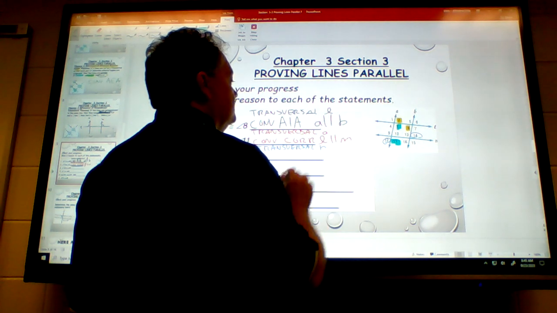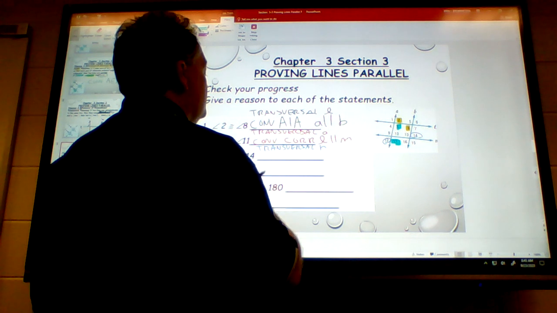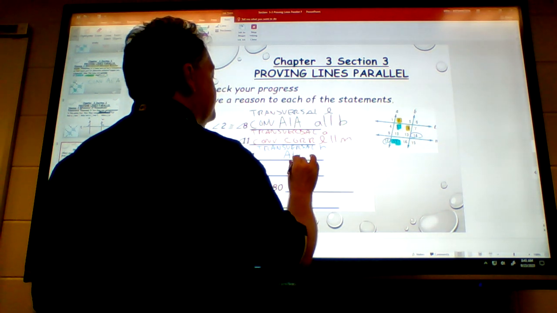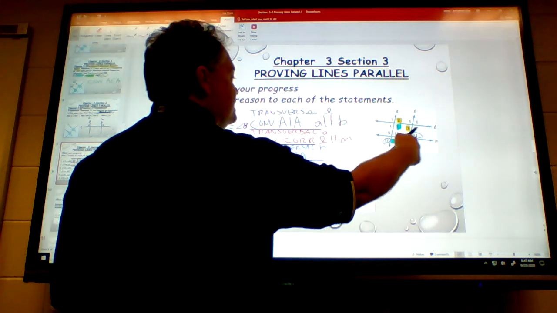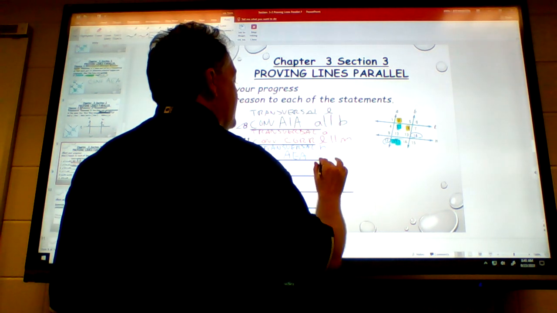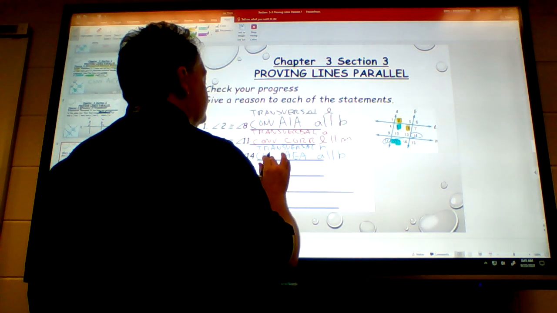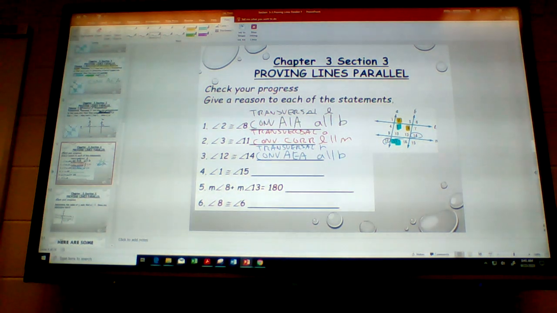And then with that, we know that they are alternate exterior angles. We also know that because N is the transversal, then that means that A has to be parallel to B, and that is by the converse of alternate exterior angles.